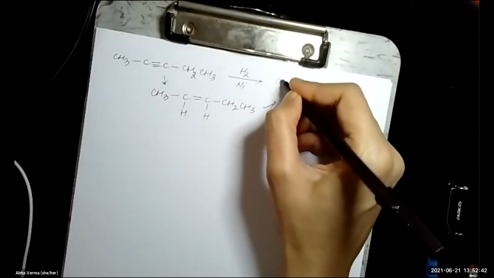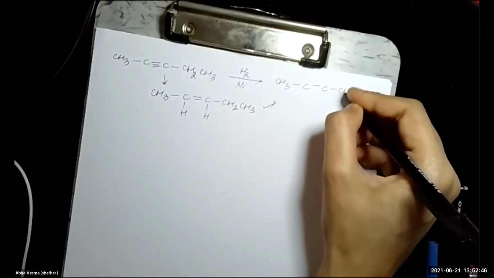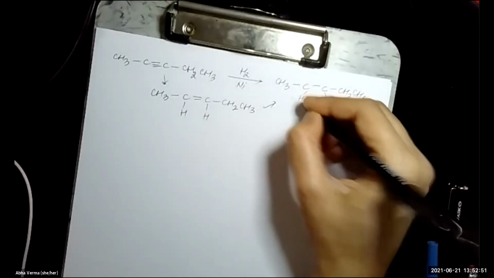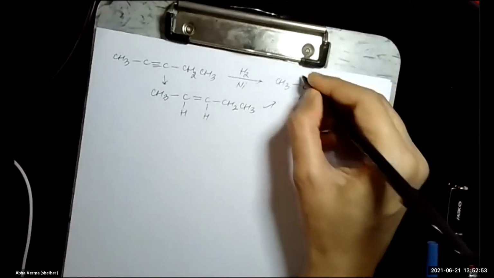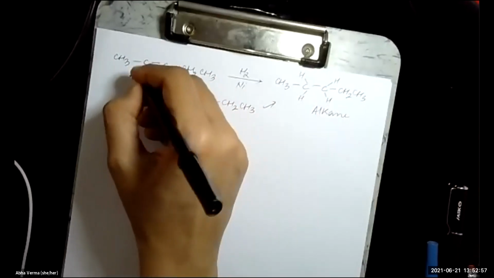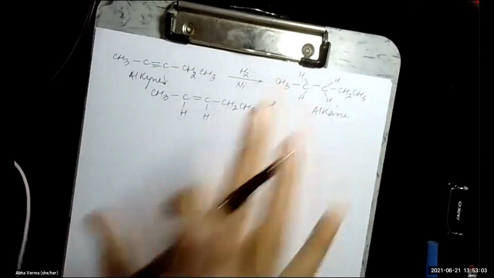And finally, what I would actually see in my hand after the reaction is done is this complete alkane. So from an alkyne, I'm going to get an alkane when I use the standard condition. And this is done under pressure. Sometimes temperature is also used.